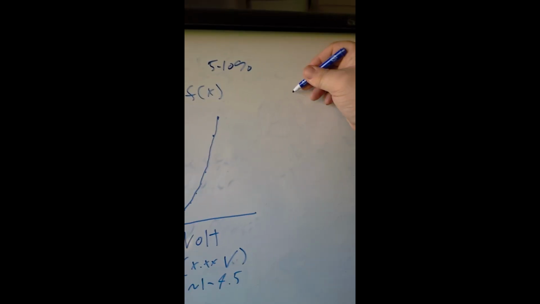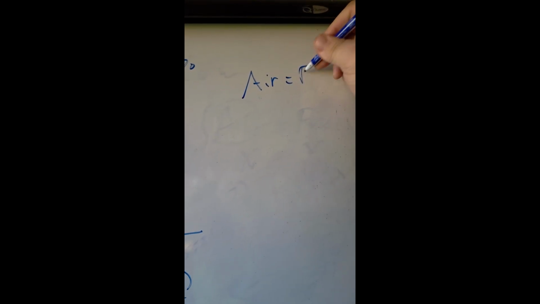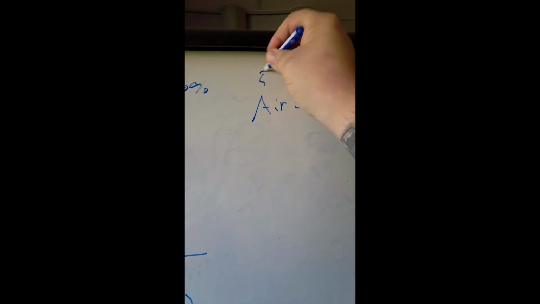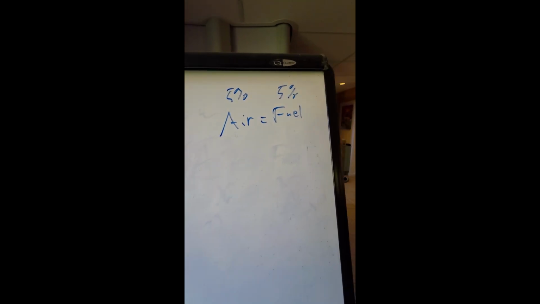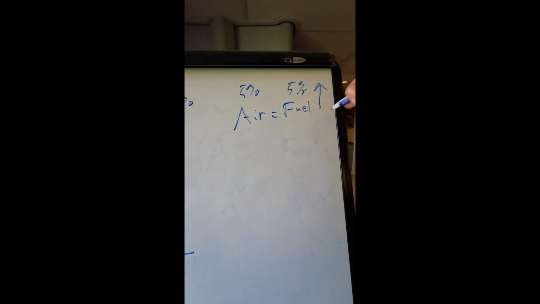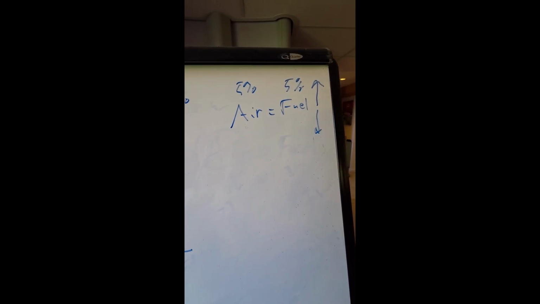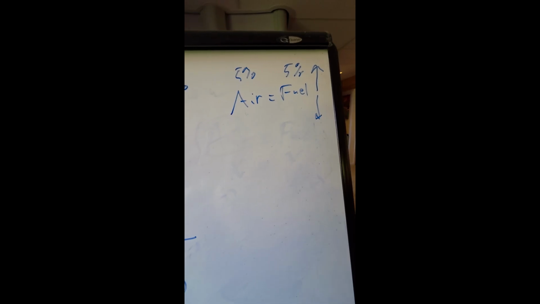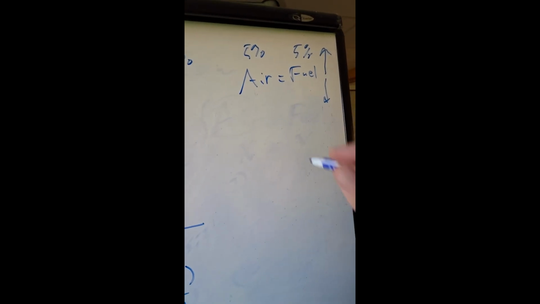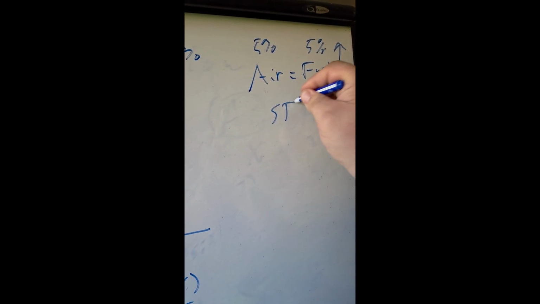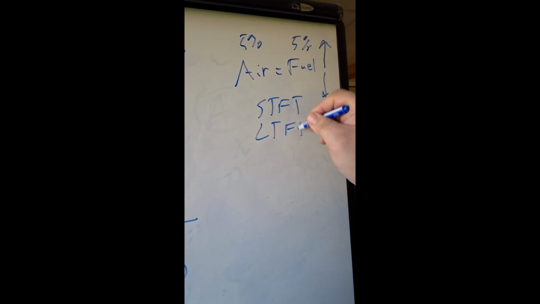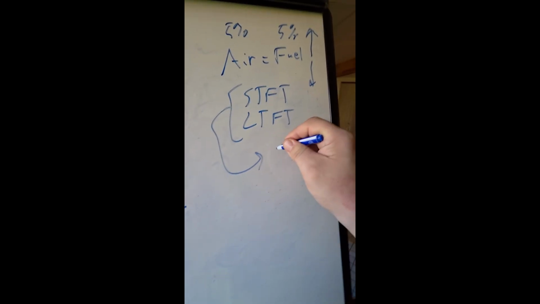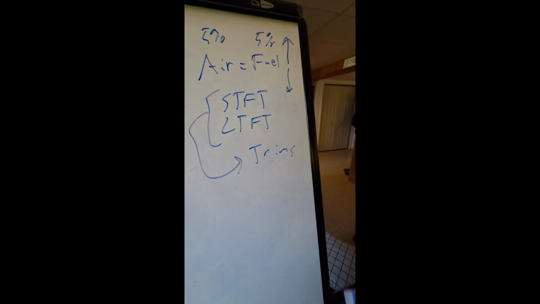And so again, if air equals fuel, because of this calculation, if my air is off 5%, my fuel is off 5%. And that could be rich or it could be lean. And what's monitoring that are my short-term fuel trims and my long-term fuel trims, collectively known as my trims.